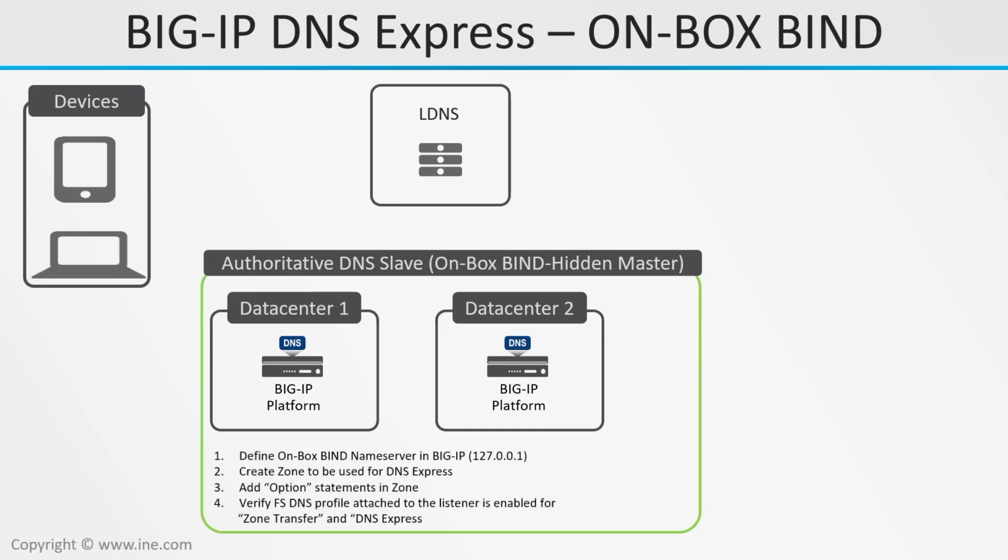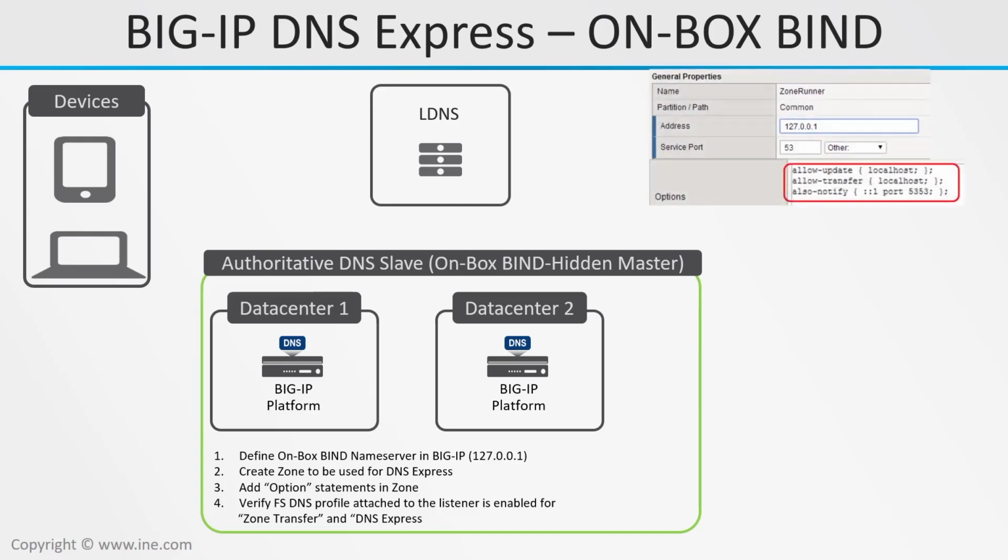So first we're going to define the on-box BIND name server as the BIG-IP, so it's the loopback 127.0.0.1. We create the zone for DNS Express, and then we're going to add option statements for the localhost, allowing the update, allowing the transfer via the localhost, and then also notify is basically saying I want to take the 127.0.0.1 from ZoneRunner and allow that to update the DNS Express database.